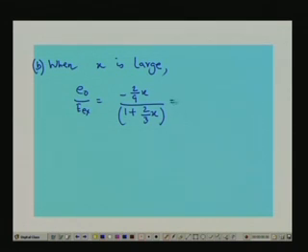So, this will be equal to kx upon 1 plus 2 by 3 x, where k is equal to minus 2 by 9.